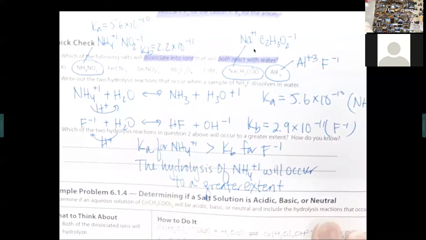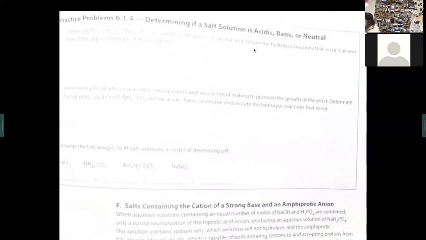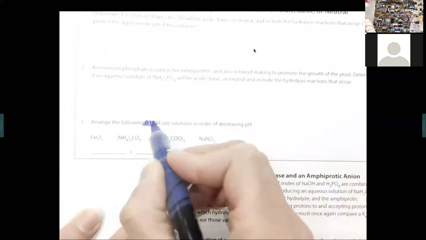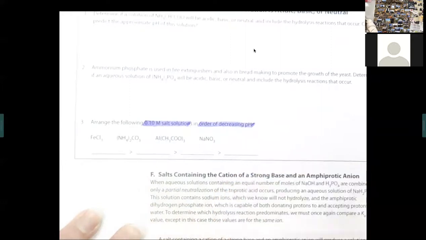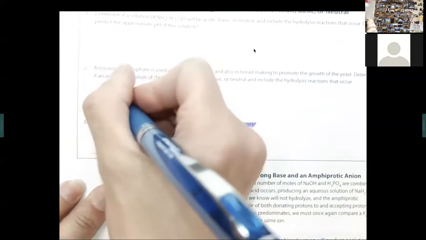Now, if you take a look at page 355, let's look at the practice problems here. This says, arrange the following 0.1 molar salt solutions in order of decreasing pH. Okay, so this FeCl3, this is the conjugate base of a strong acid, HCl, okay?